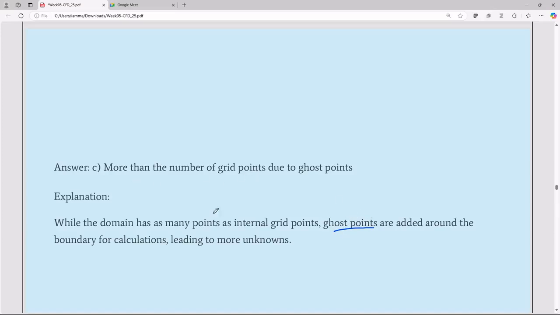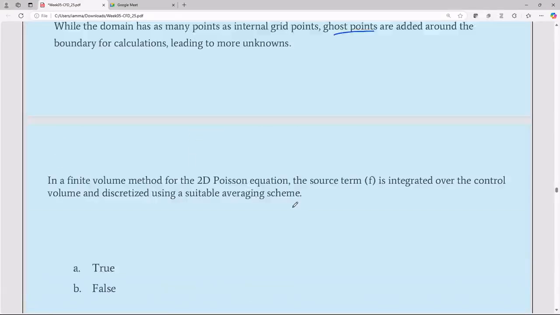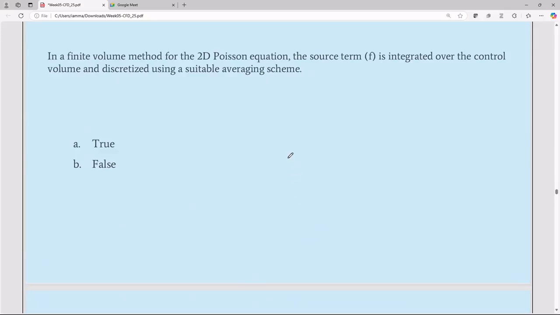So option C, due to the presence of ghost points, the number of grid points will become more than what there should be. Moving on to the next question.